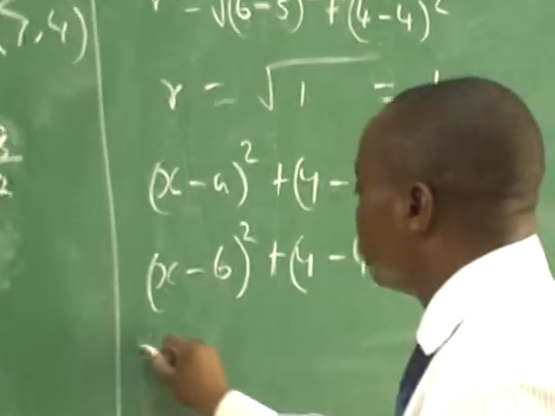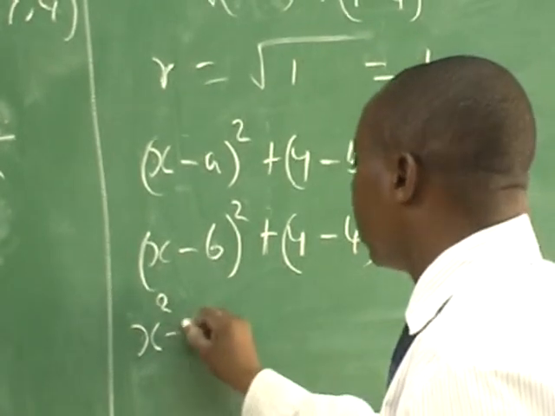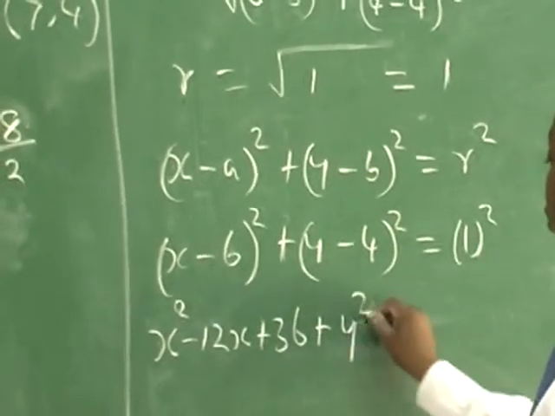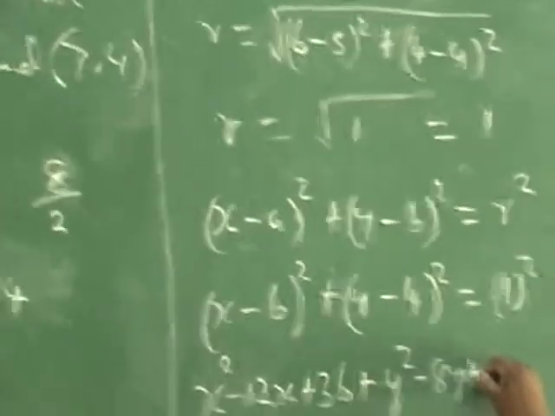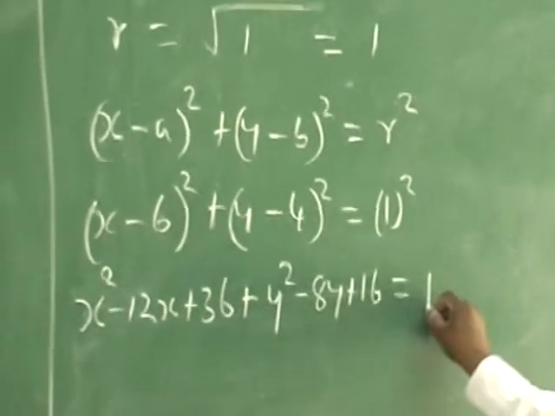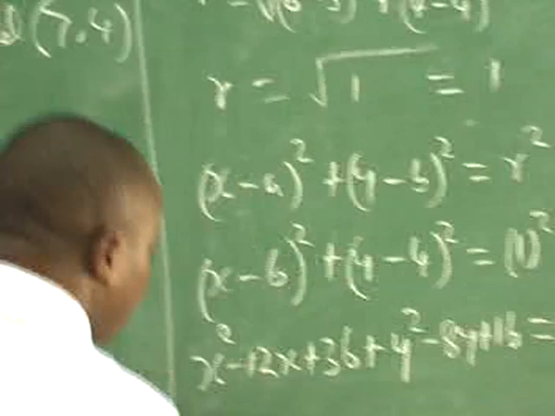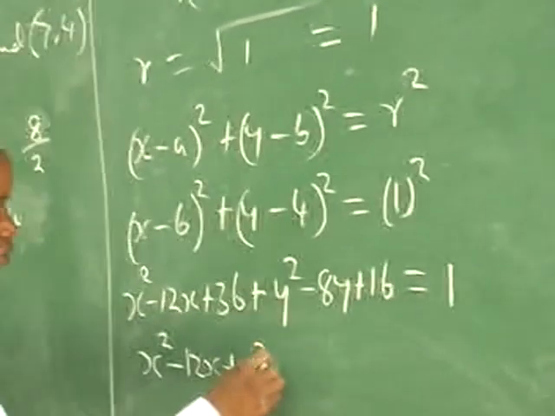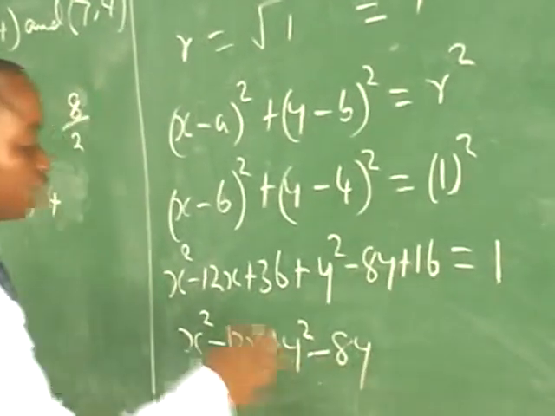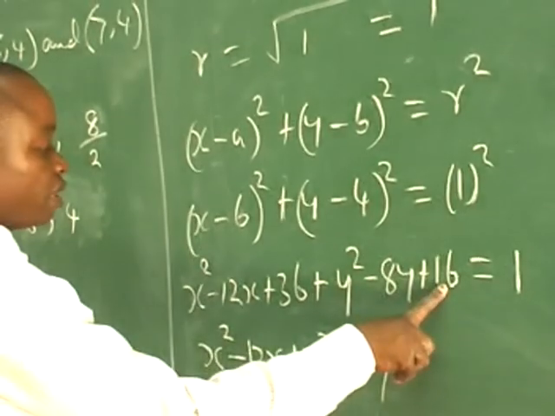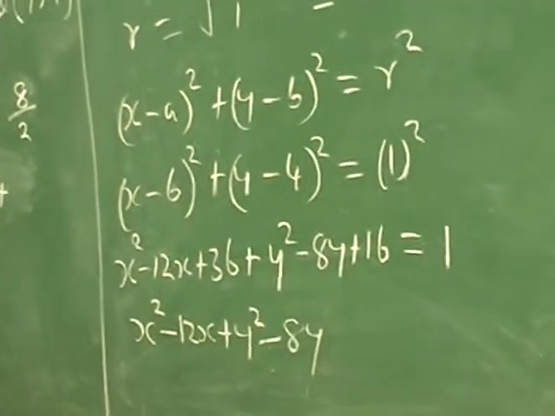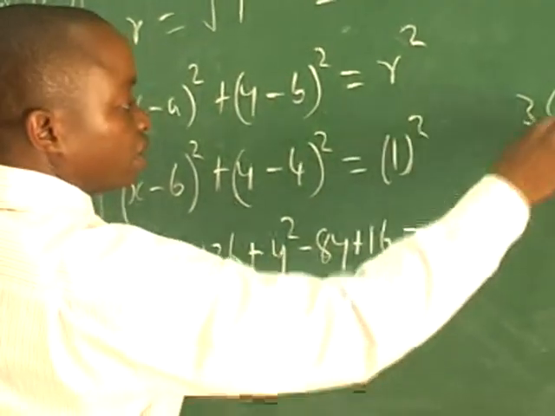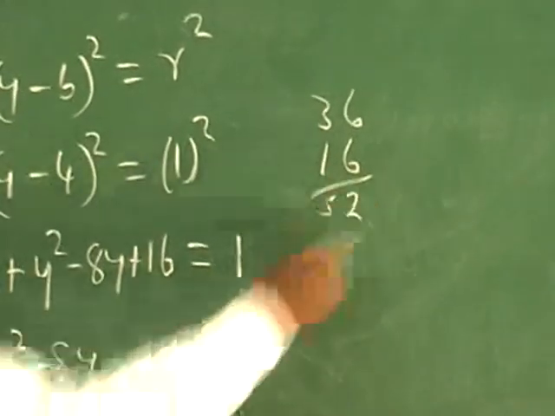If we expand this, we have x squared minus 12x plus 36 plus y squared minus 8y plus 16 equals 1. Now we can rearrange it to write x squared minus 12x plus y squared minus 8y, then we bring the 36 and the 16 together. 36 plus 16 is 52.